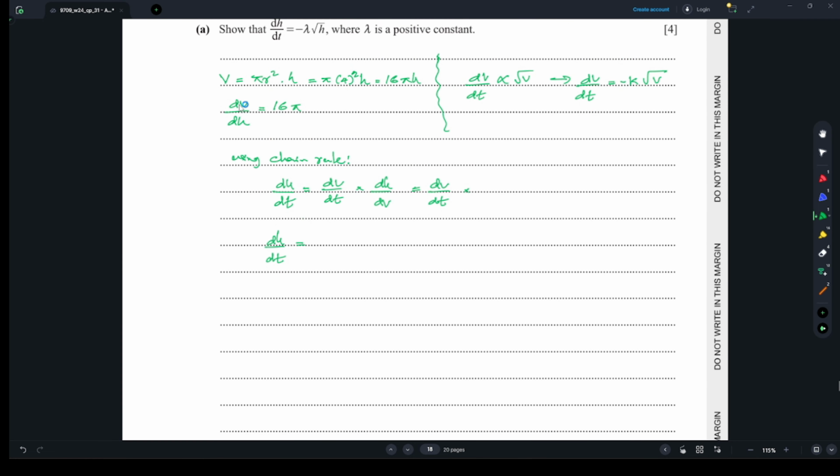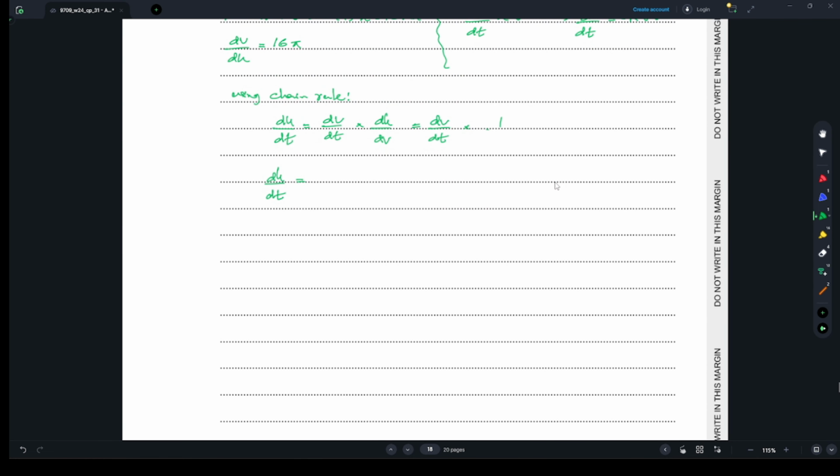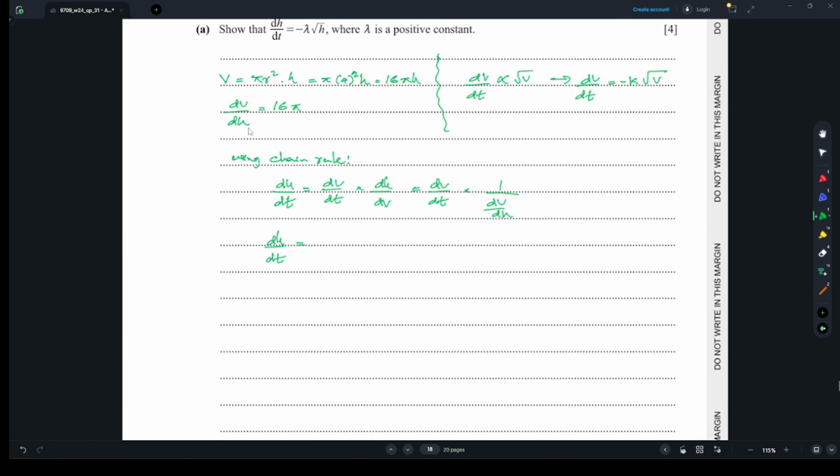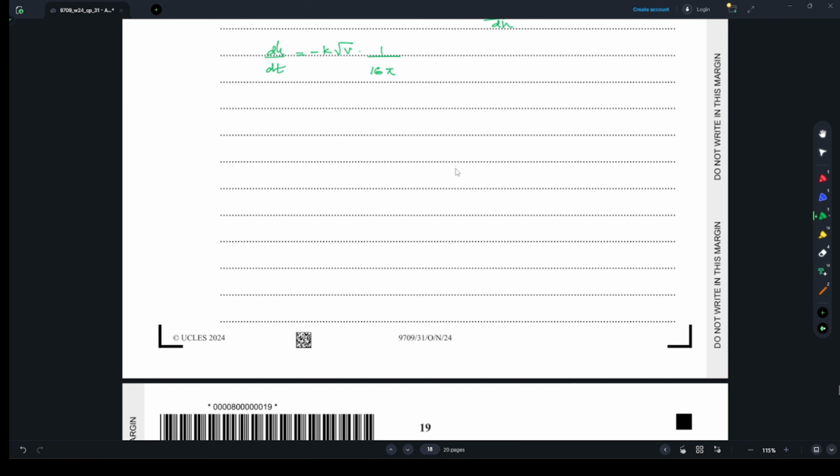Instead of dh over dv, we have dv over dh, right? So I can write 1 over dv over dh. Now let's substitute the answers. dv over dh is 16 pi, and the other one is minus k root v. So therefore, just simplifying, it's minus k over 16 pi times root v.